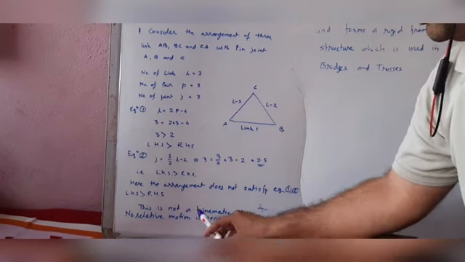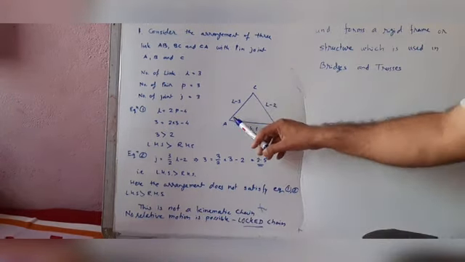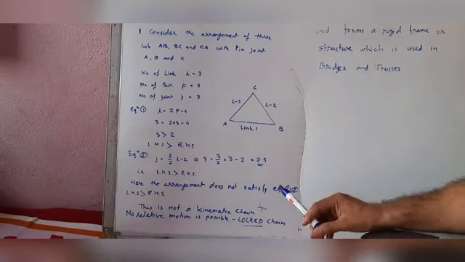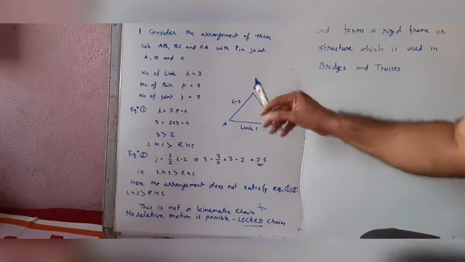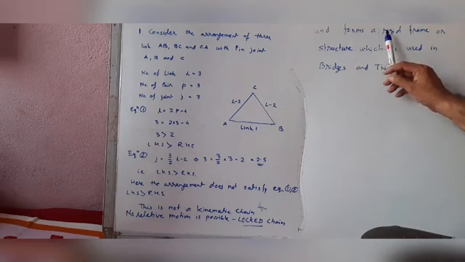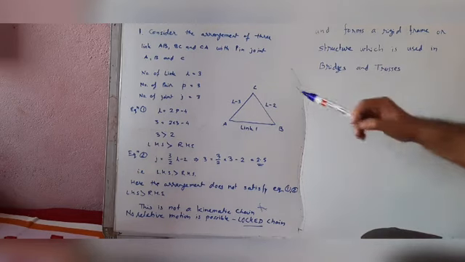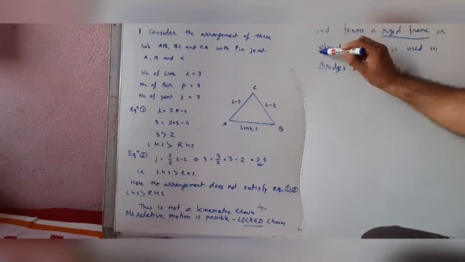No relative motion is possible. Here no relative motion between these points is possible, so this is called a locked chain. This type of chain is called a locked chain and forms a rigid frame, also called a rigid frame or structure.